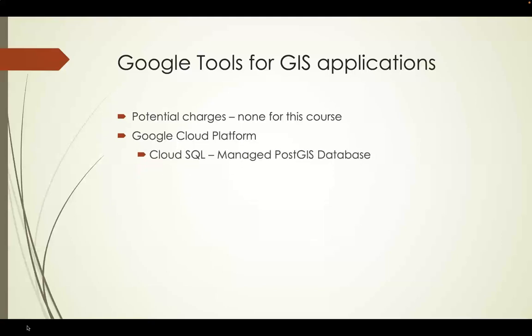Now, the core of the Google Cloud Platform is probably going to be Cloud SQL. Cloud SQL offers the ability to set up a PostGIS instance on Google's computers, and you can be up and running in about 15 minutes. And you can connect to your instance of Cloud SQL from a variety of clients, including pgAdmin 4 for typical database administration and querying tasks, especially for non-spatial data.